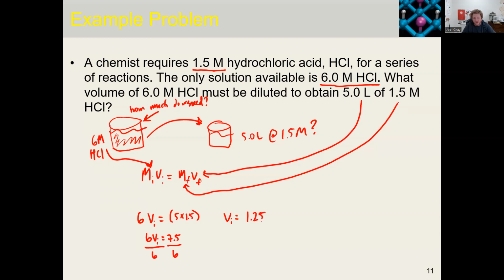Now this is a volume, and what was the volume that we used originally? 5 liters. So we need 1.25 liters of the 6 molar to make 5 liters of 1.5 molar.